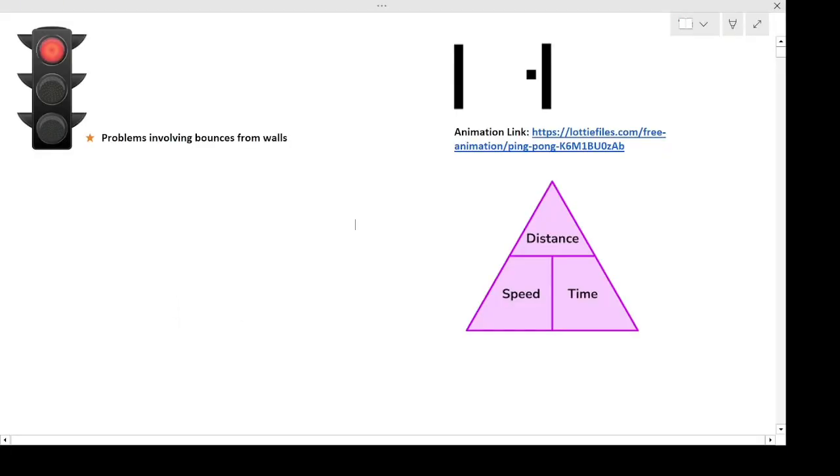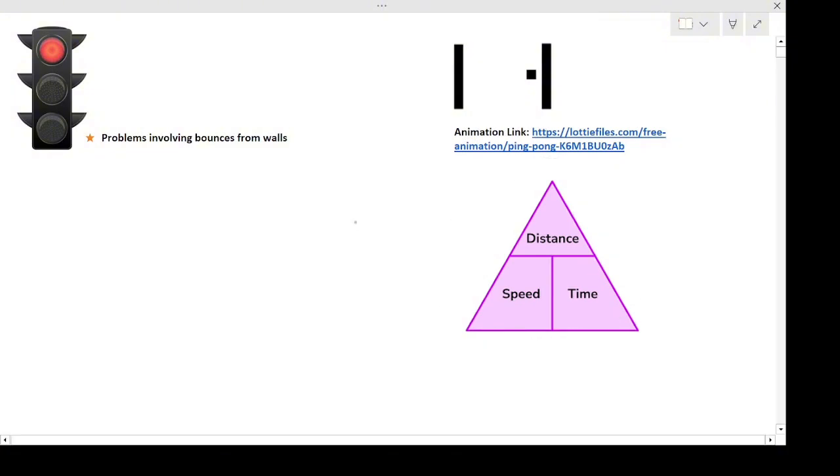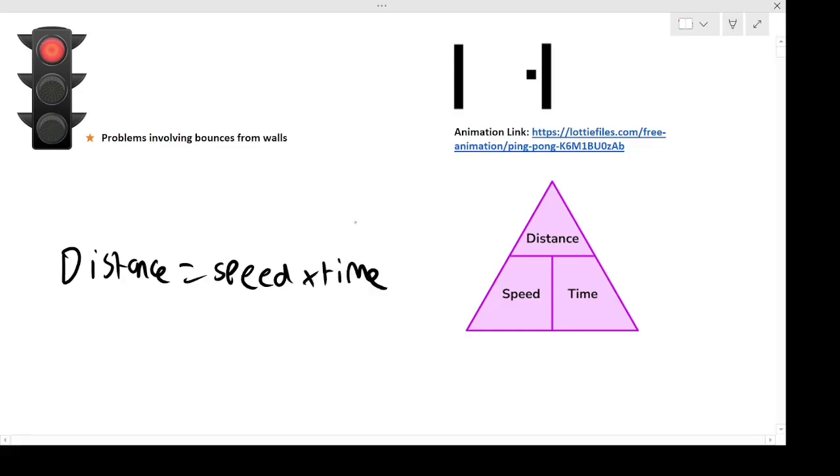Lastly, before we jump into our first example, we are going to be using distance, speed, time here. Think back to GCSE: distance is speed times time. We're going to be using this because the speed is going to be constant.